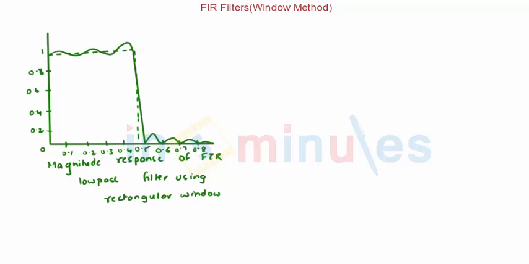The sharp transition in the ideal response at omega equal to omega c has been converted into the gradual transition we can see in this graph. In the pass band, a series of overshoots and undershoots occur. In the stop band, the ideal response is 0, but the FIR filter has a non-zero response. This type of response is called leakage response.